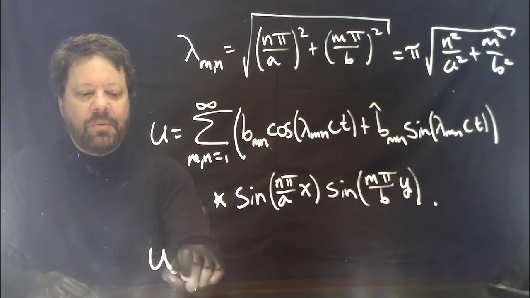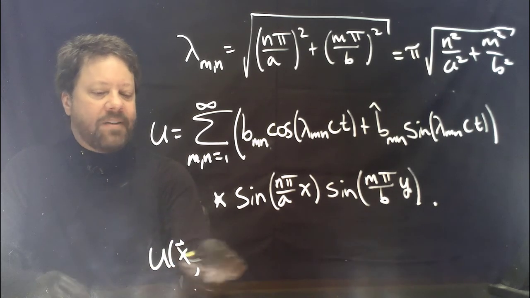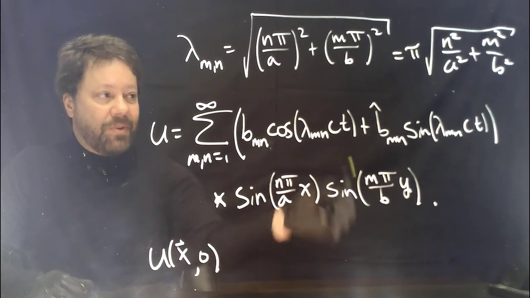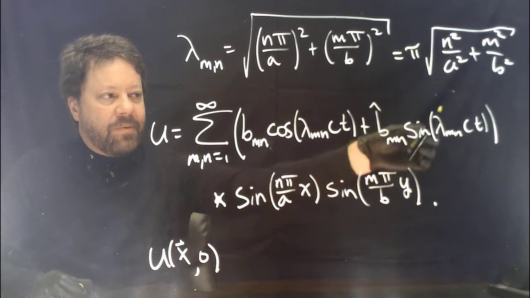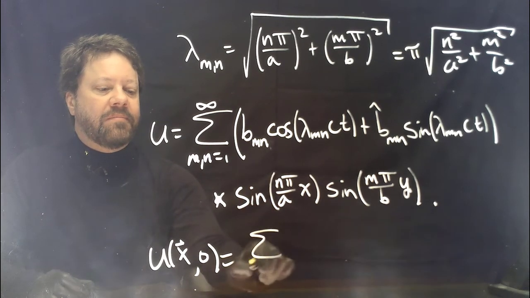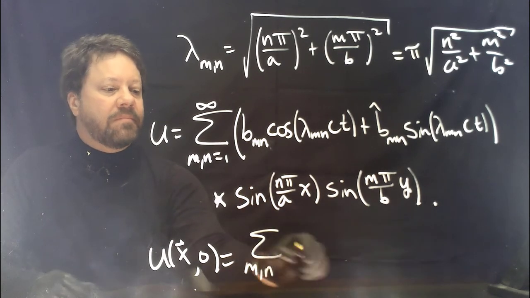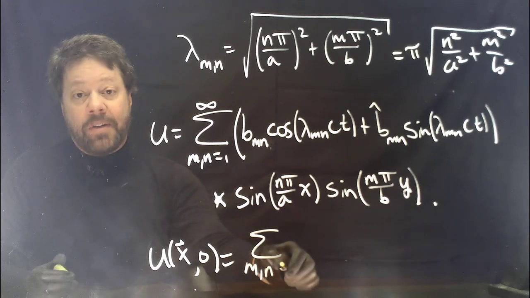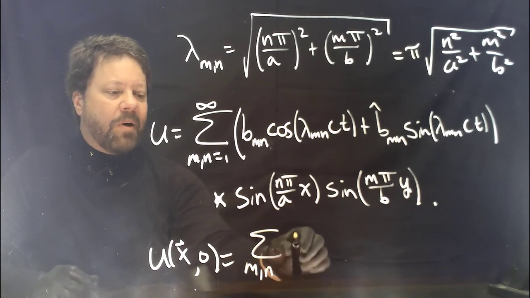Notice that u, evaluated at x and y, but at t equals 0, gets rid of the b hats and leaves only these b's. And we know these go from 1 to infinity, so we'll just leave that part off.